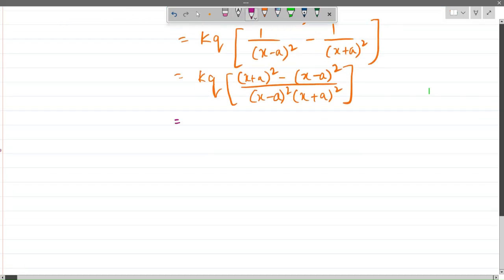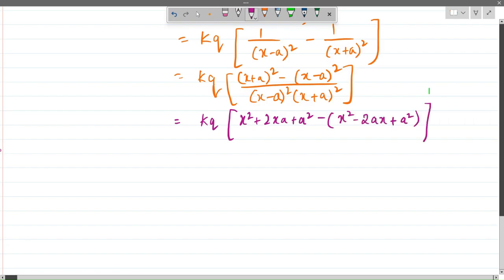If you calculate this, it will be K into Q into x square plus 2xa plus a square minus x square minus 2ax plus a square, divided by, can I write this as x minus a, x plus a the whole square.